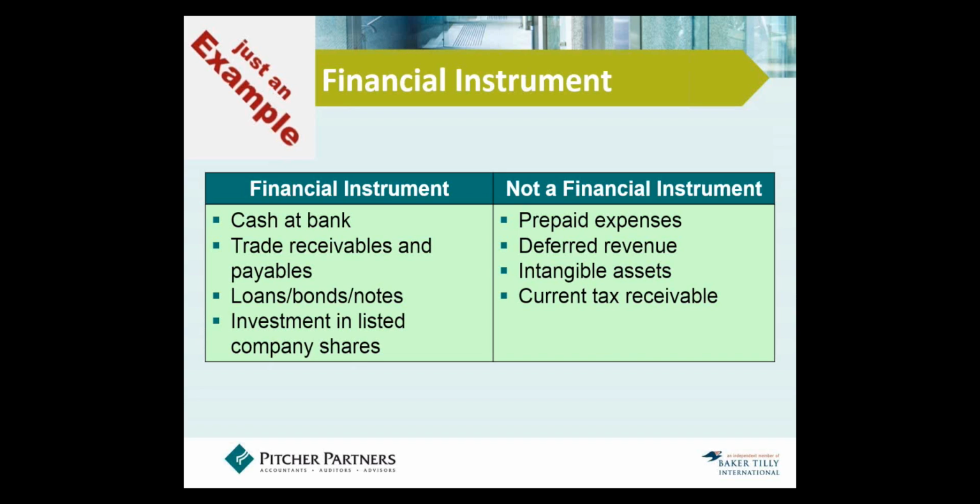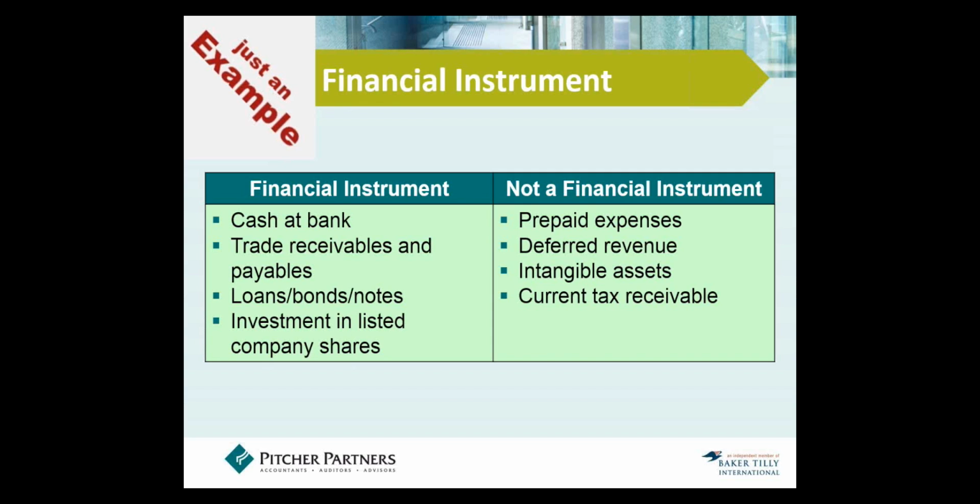If I've got shares in an entity, I've got a right to receive dividends, etc., in future. The other side is not a liability, and there's no obligation on the entity to pay a dividend. They'll only declare a dividend if they've got profits, etc. But it is an equity instrument. Then if we look at the items that are not a financial instrument, the first one is prepaid expenses.